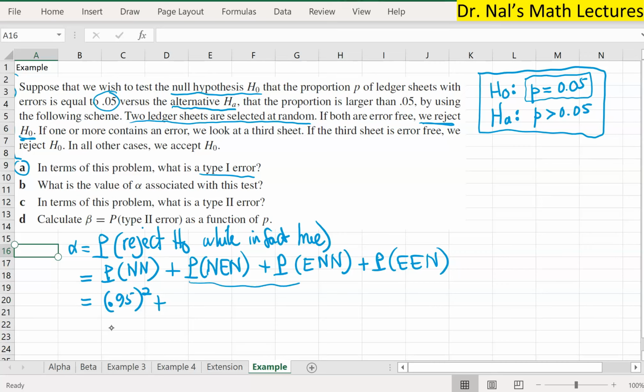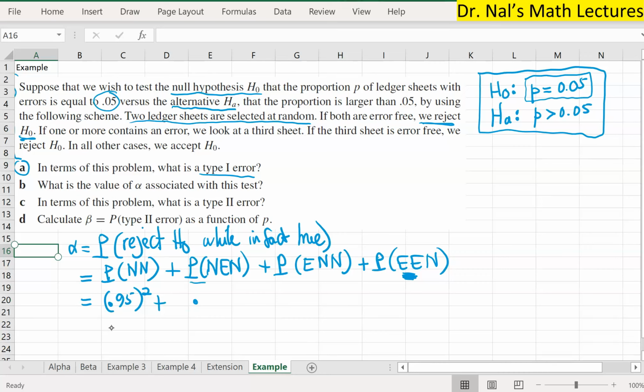In fact these three situations are symmetric. The only thing which is changing is the ordering, so it's really 3 times. I don't have to recalculate it 3 times in a row. Does that make sense? All right, so the probability of no error is 0.95, and we have 2 of them, right? Oh, actually it's not, sorry for that. This one has 2 E's in them. Okay, so this is really 2 of them.